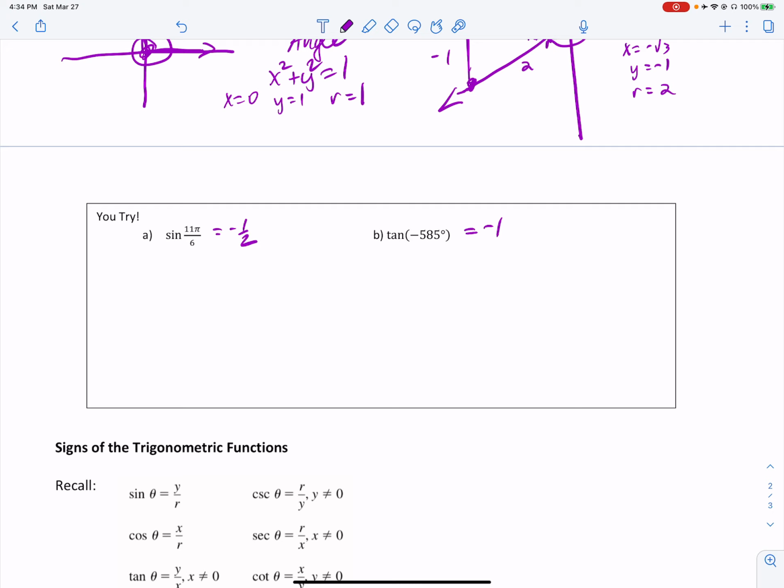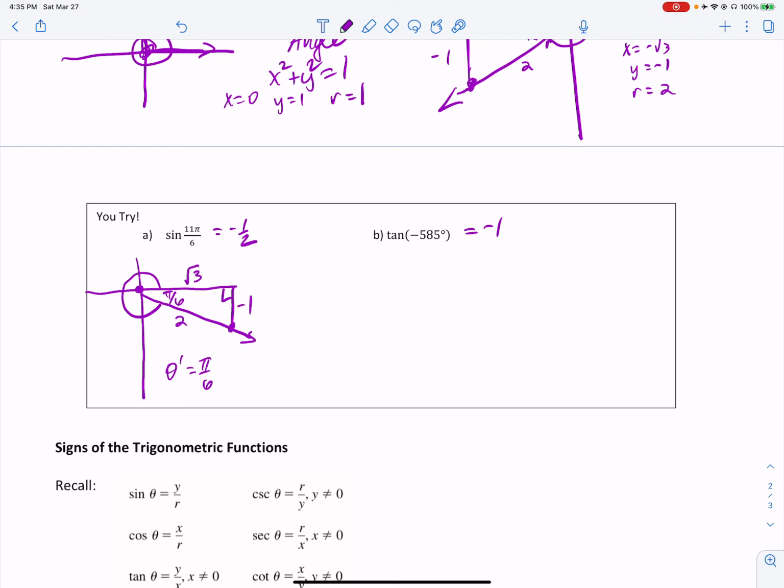11 pi over 6 is an angle that we want you to just know. It's 1 pi over 6 short of a full rotation. And so it's going to look something like this. That reference angle is going to be pi over 6. So pick a point on the terminal side, draw a triangle, and that should be to the right √3, down 1, and the radius is 2, if you set it up correctly.